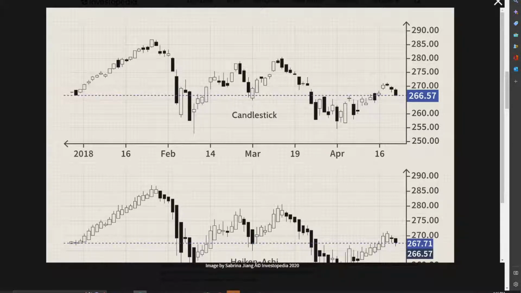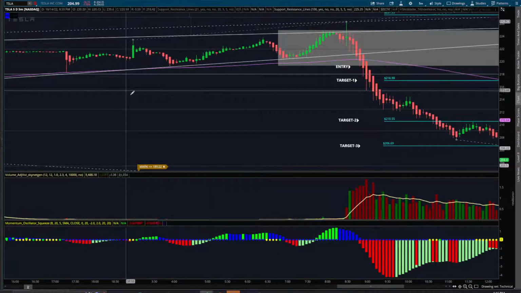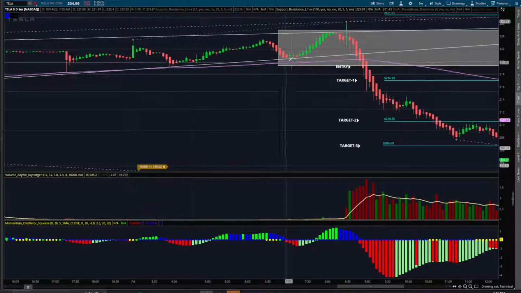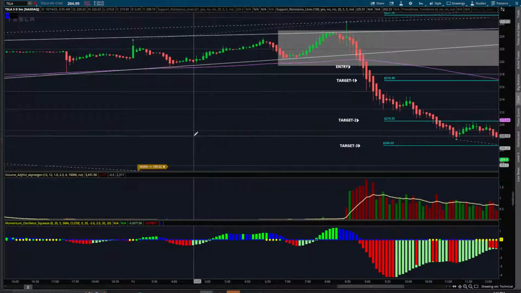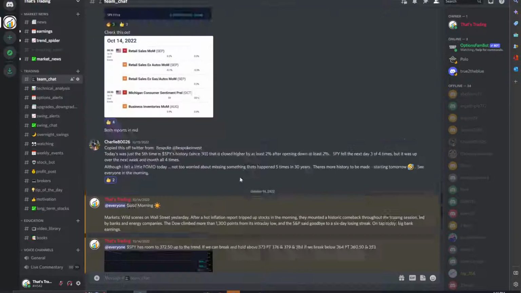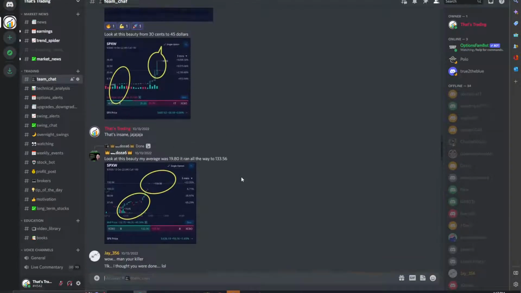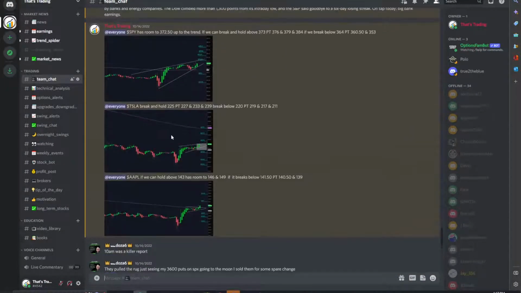All right, so let's go ahead and look at a chart here. As a matter of fact, I have this Tesla trade, and we'll also look at the SPY that we posted on our Discord channel. And if we go to our Discord here, you'll see right here, I said Tesla breaks and holds 225, price target 227, 233.